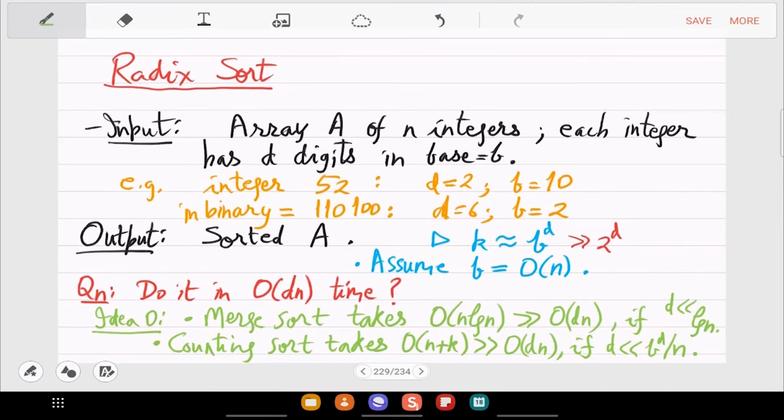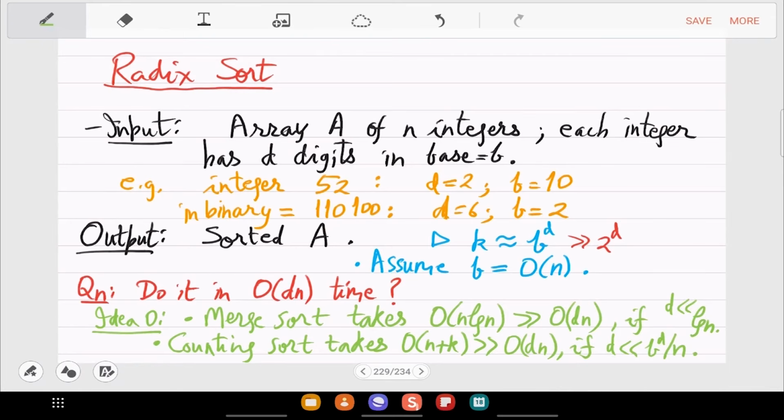So maybe this should be done a bit carefully. 1 plus k by n, no, it's okay. Yeah, so b is not just 2, right?